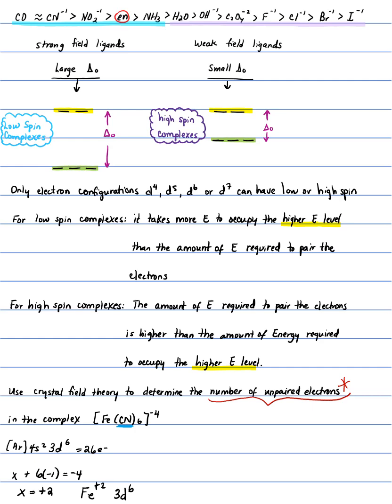Remember, the orbitals are split, and the electrons are going to occupy those orbitals following Hund's rule. So your CN, which is a strong field ligand, is low spin.